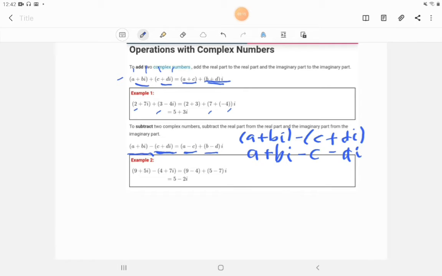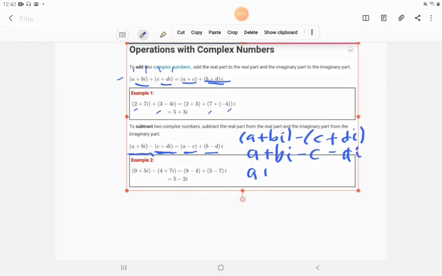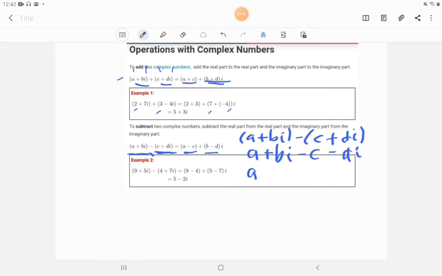By what we call the associative property of addition and subtraction, we have a minus c, plus bi minus di.